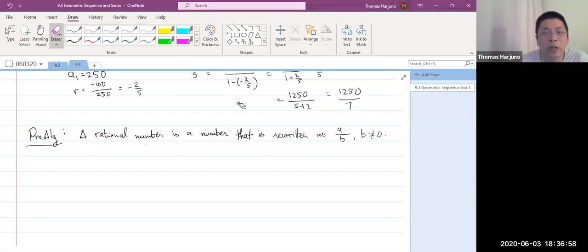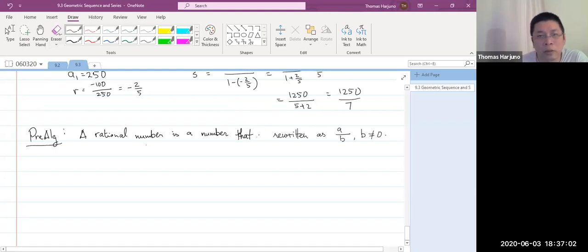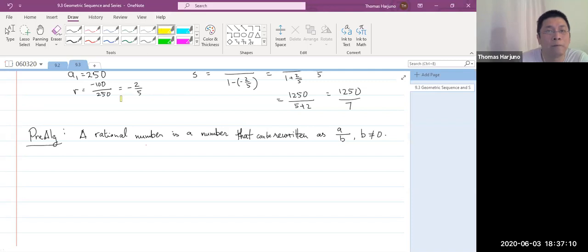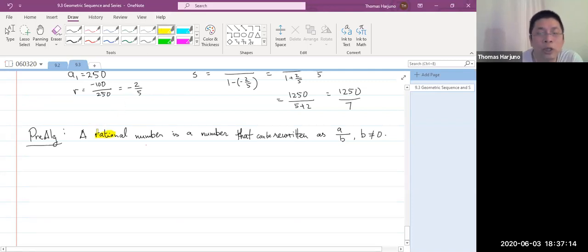You basically can rewrite that as a fraction. That's why we call that rational number. We can write that as the ratio of two integers. Let me emphasize the a and b there are integers.